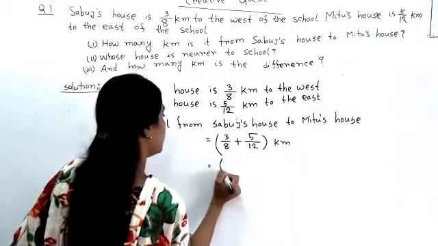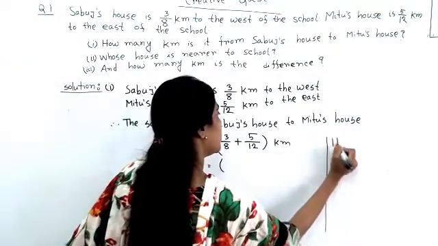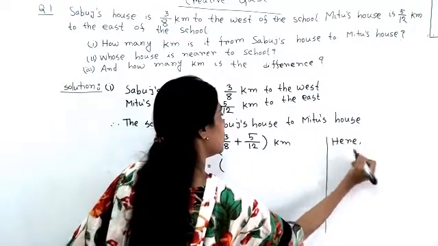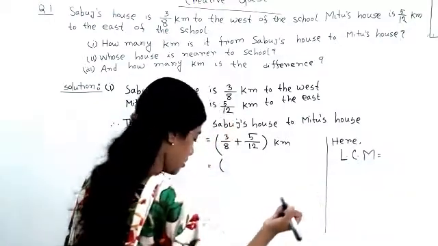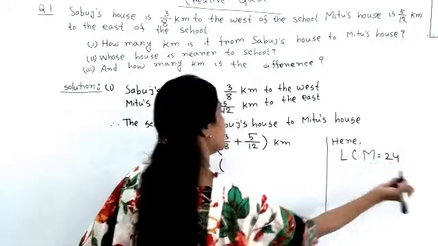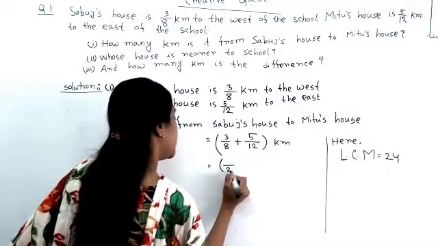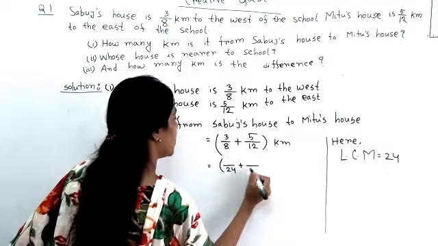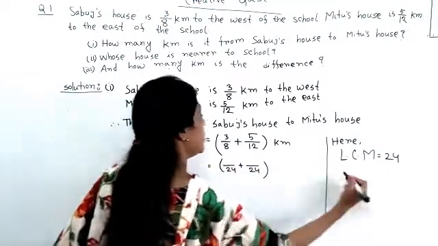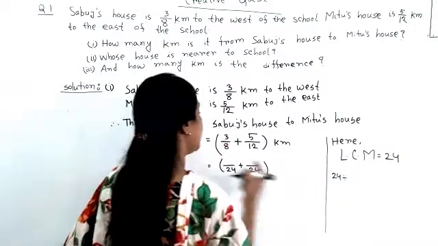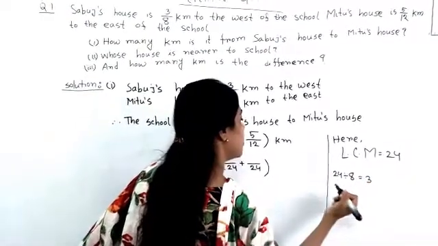In here the LCM is 24. 24 is written as denominator of both fractions. This 24 is divided by the first fraction denominator and we get 3.